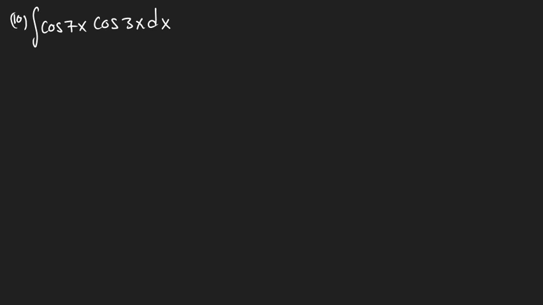Use this particular concept. Whenever you have been given this kind of integral, you're supposed to use this concept. So you have cosine mx times cosine nx. This is going to equal 1/2, then you open the bracket, cosine of (m plus n) x, plus cosine of (m minus n) x.